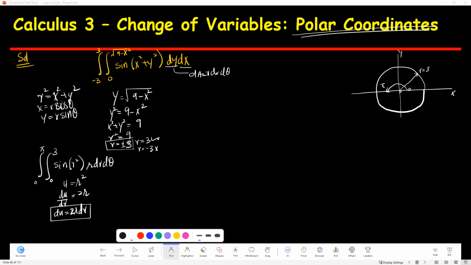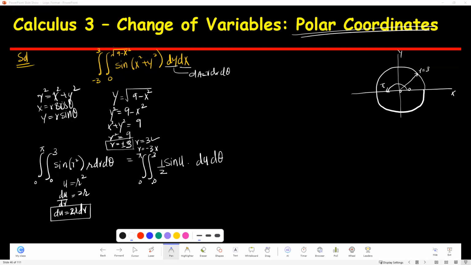Okay, so I'm going to write my expression. Zero to 3, pi to 0. And here I'm going to write 1 over 2 sine u du d theta.